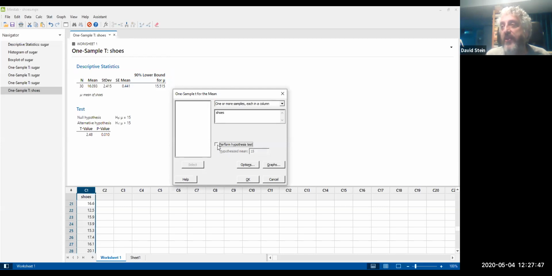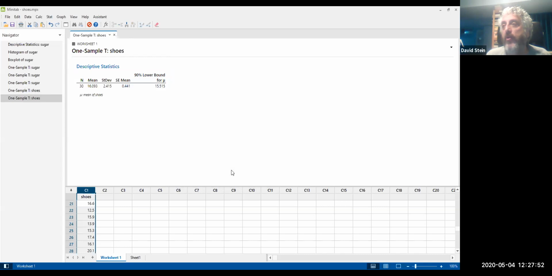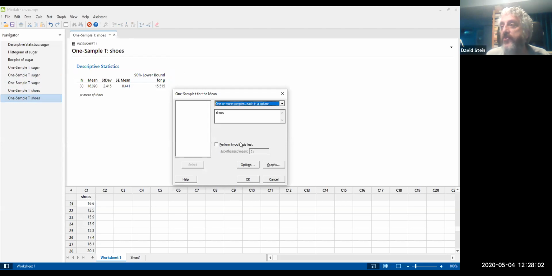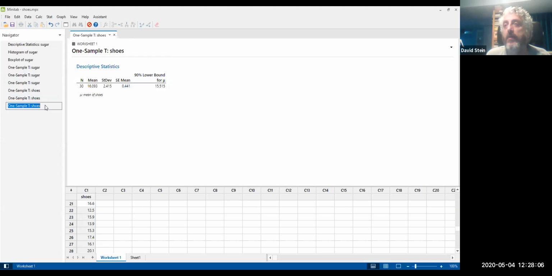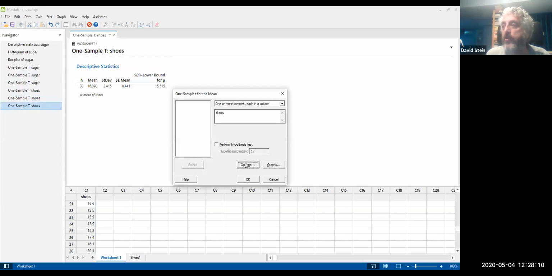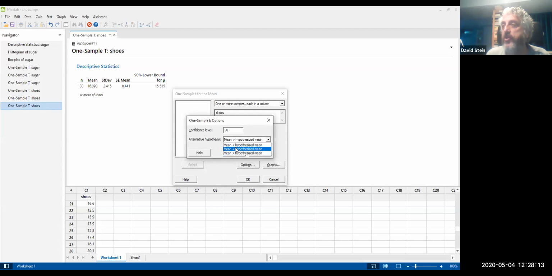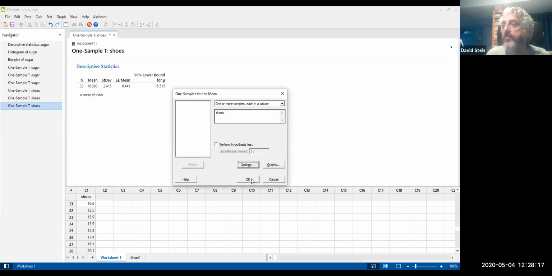But if I unclick this hypothesis test, okay, it will not work. Hold on a second. If I unclick this hypothesis test, okay, and click OK, no, that doesn't work, okay? So what you need to do then is go to options, change it to not equal to, and let's see if that works.